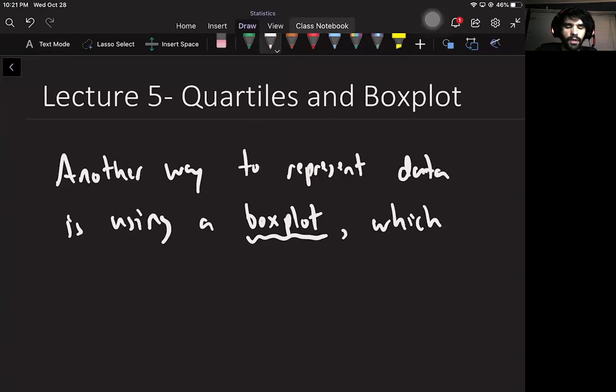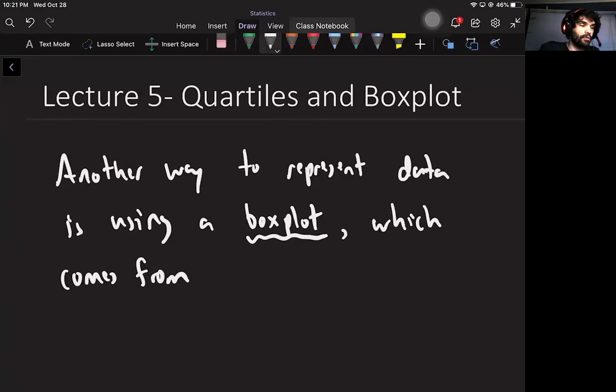Okay, so in any case, what a box plot does is it presents data, but using median-ish type things. So we'll see what that means.